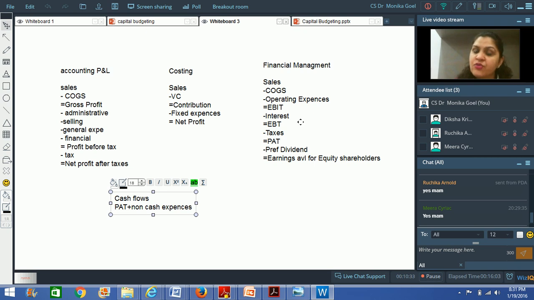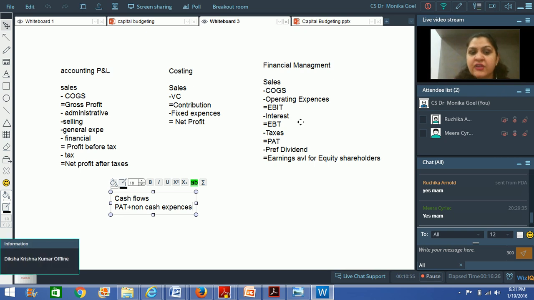As a manager in finance, I have no control over sales. I have no control over cost of goods sold. I have no control over operating expenses to a very great extent. I can recommend a reduction in some of the fixed expenses, definitely yes, but largely I have no control over them.